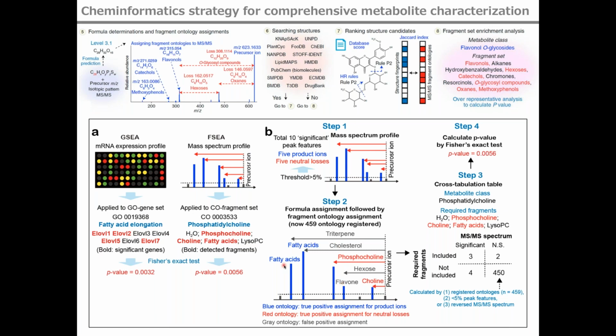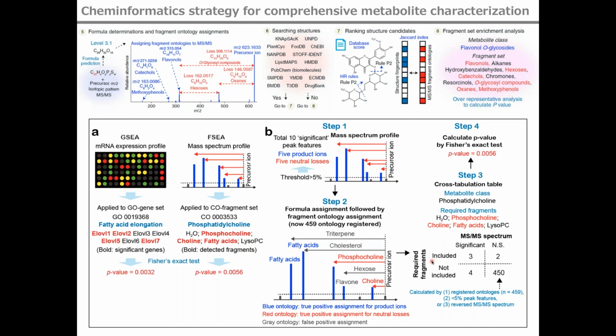Three ontologies, fatty acid, phosphocholine, and choline, which are involved in the phosphatidylcholine annotation, were found in the significant peak list, and 2 ontologies, water and lyso-PC, were not found.